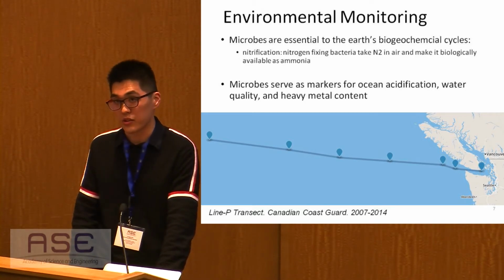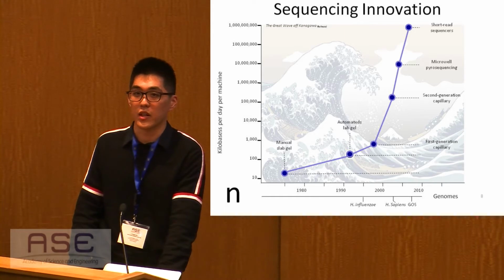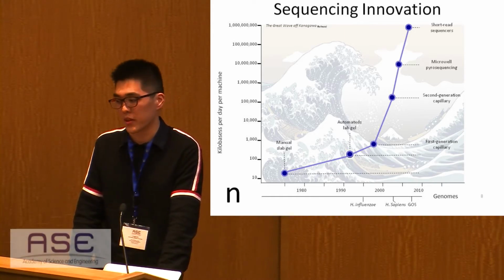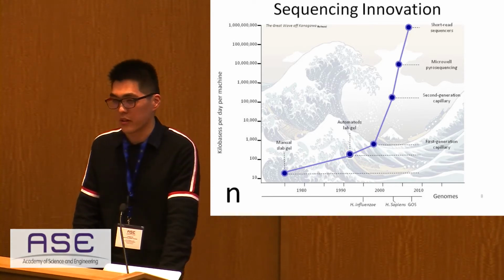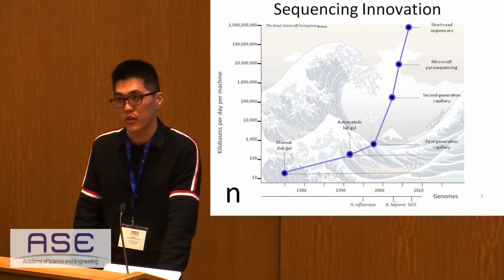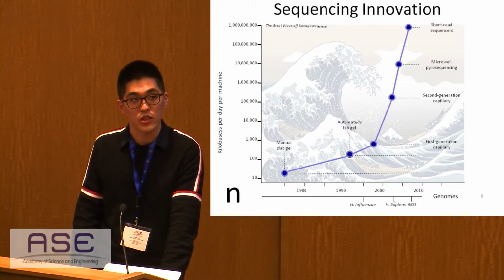So due to next generation sequencing, we've had an explosive growth in the amount of information in terms of genomes we have about microbes. So as you can see, every year it's increasing at an enormous rate. And as a byproduct of that, we also have an enormous amount of protein information that the genes in these genomes would map to.